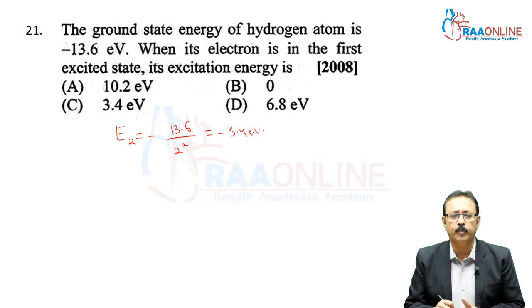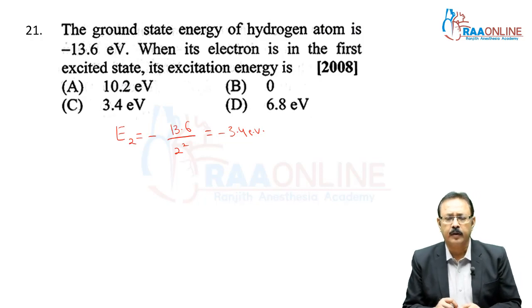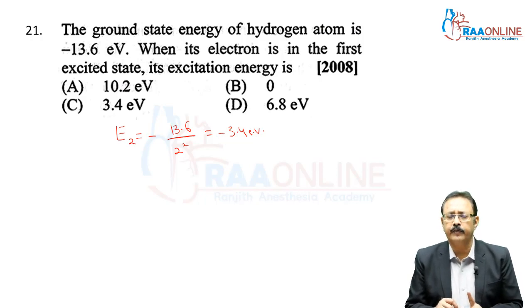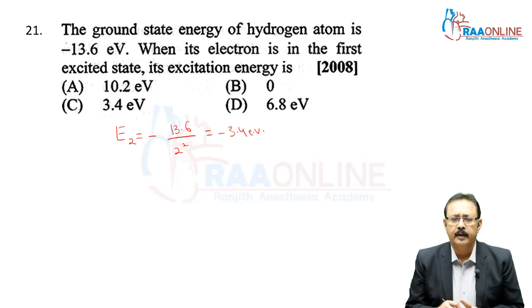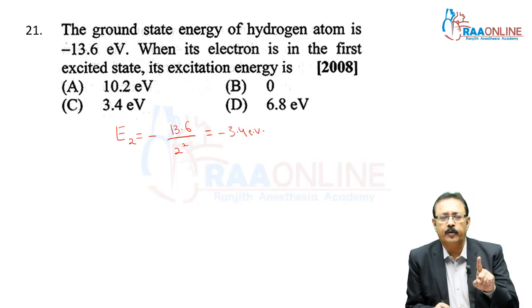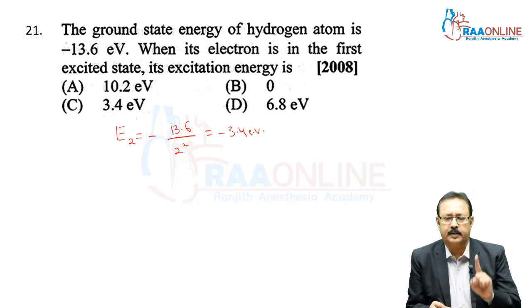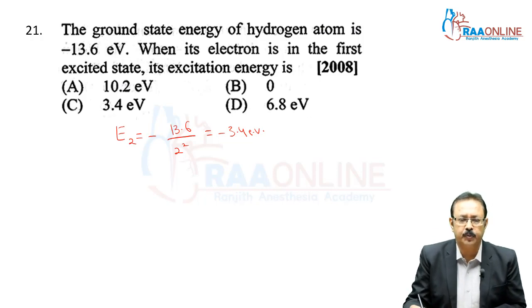If you want to remove the electron from this state, that is what we need when its electron is in the first excited state. Its excitation energy means what energy you need to take the electron from ground state to this, the difference of these two.